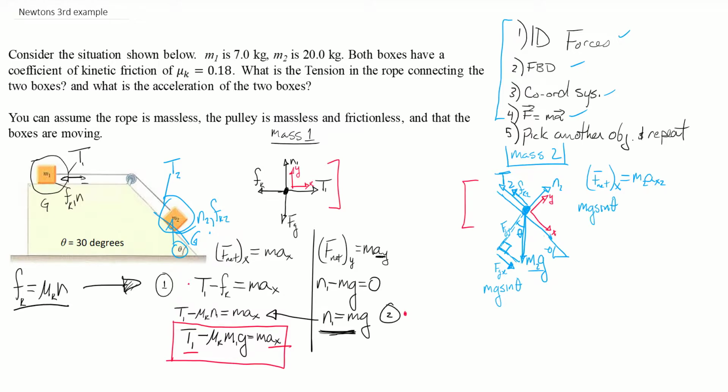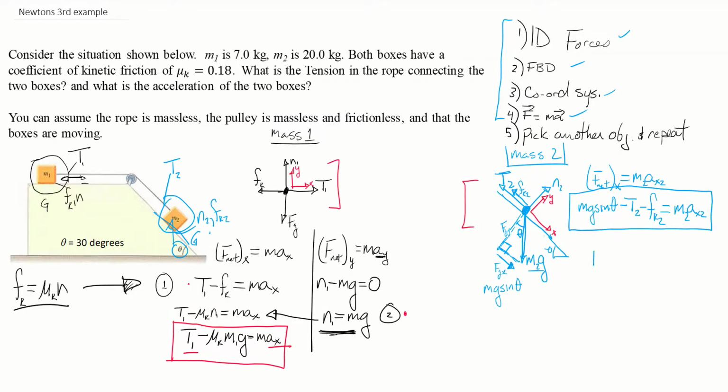And then in the negative x direction, I have this tension, negative T2, and the negative kinetic friction, FK2. And those are the only forces with x components, and they're equal to m2 times acceleration in the x direction of 2. So this is one equation that I get from Newton's second law applied to mass 2.